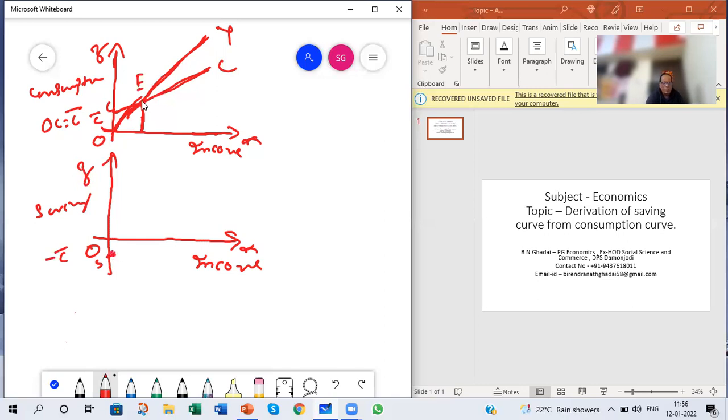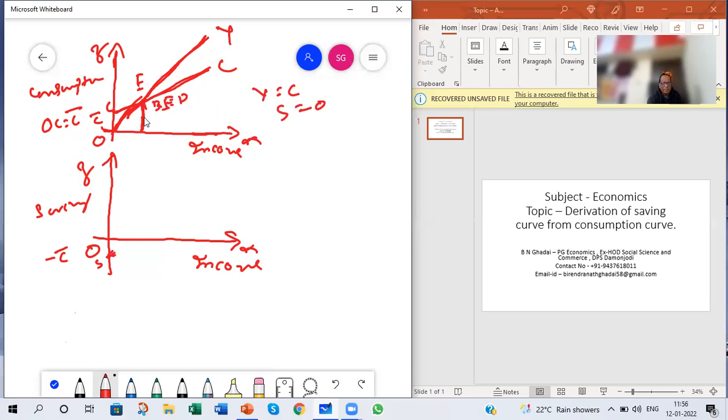And you see here is the break-even point. What is the break-even point? Here consumption is equal to income, Y is equal to C, so S is equal to 0.